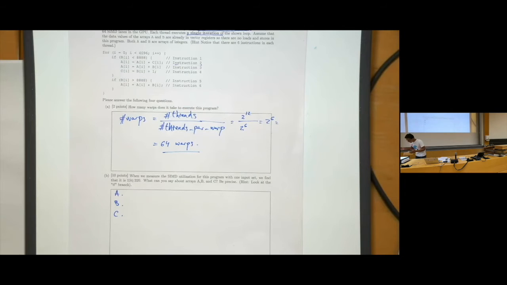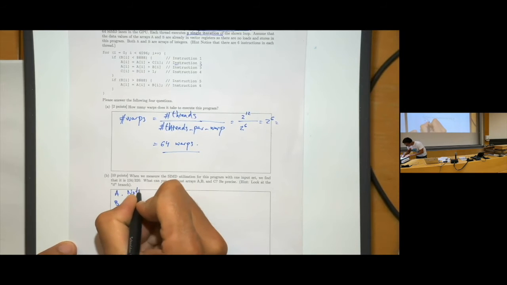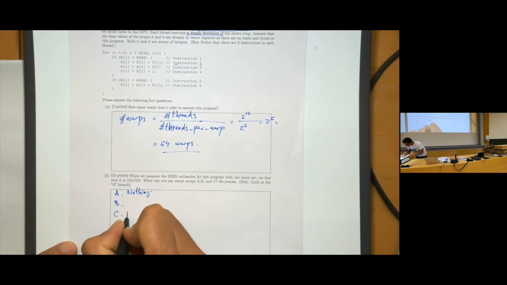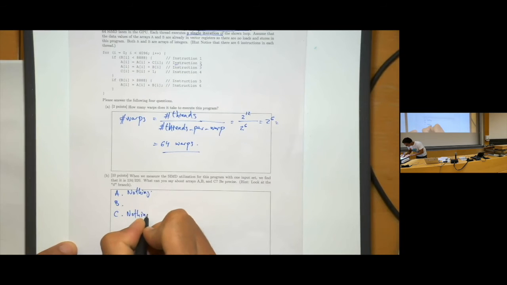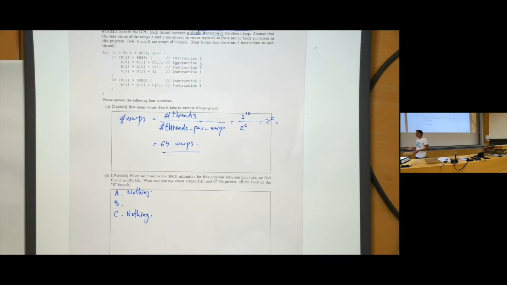So what can we say about A and C? We can say nothing. We cannot say anything about them, because the execution of the program and the total SIMD utilization is not related to the contents of A and C.